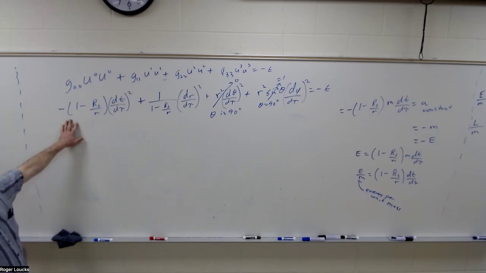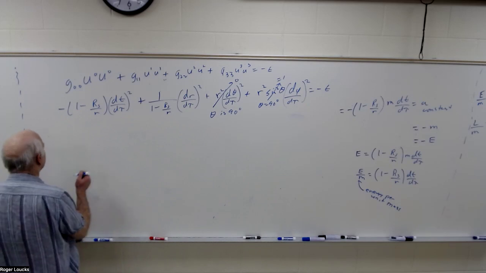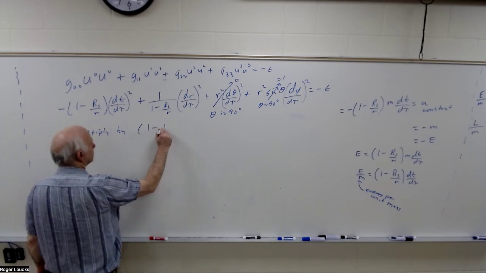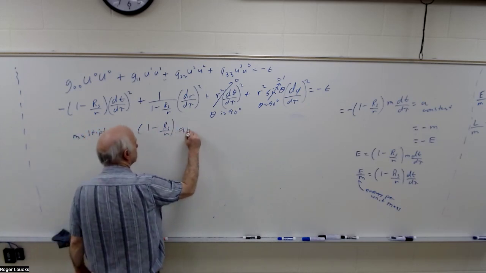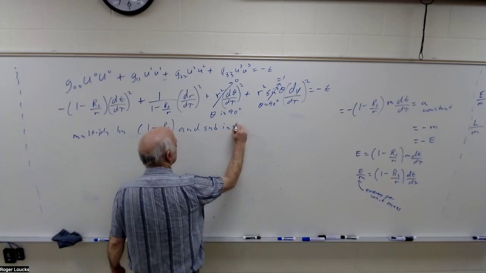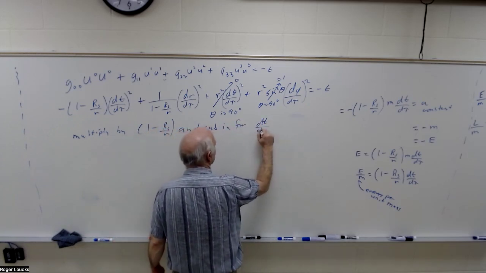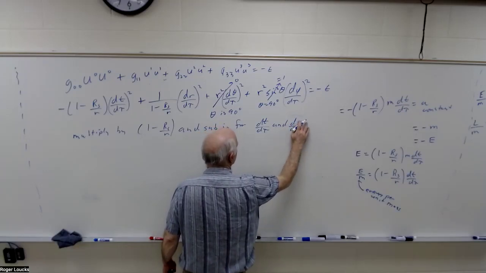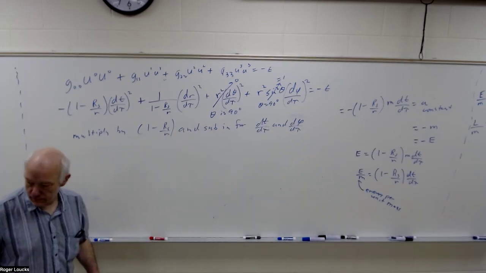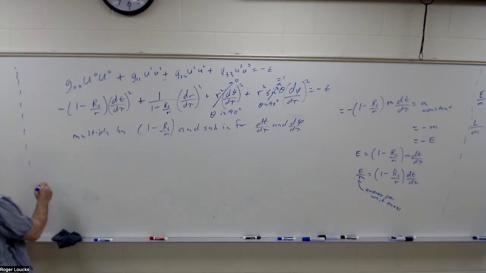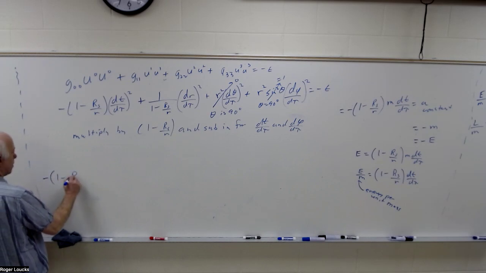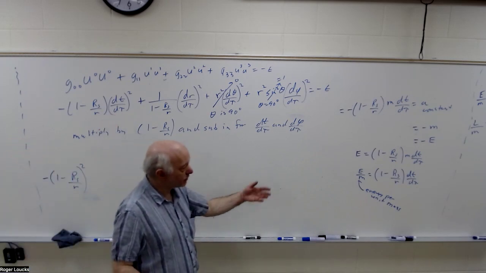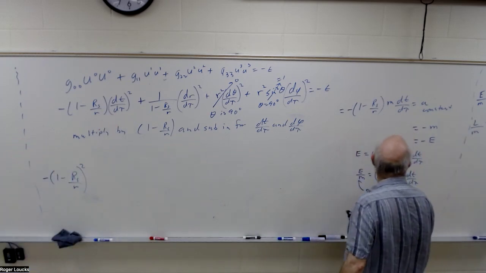Okay, so what I'm going to do is multiply by 1 minus Rs over r and substitute in for dt d tau and d phi d tau. If we do this, what does this give us? This gives us (1 minus Rs over r) squared, because I'm going to multiply through by this factor, times (dt d tau) squared.